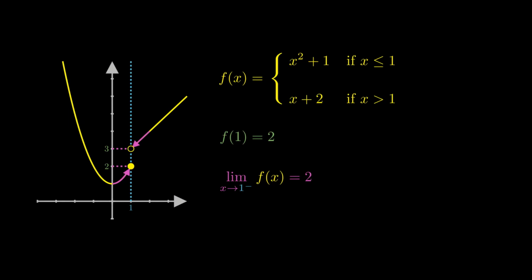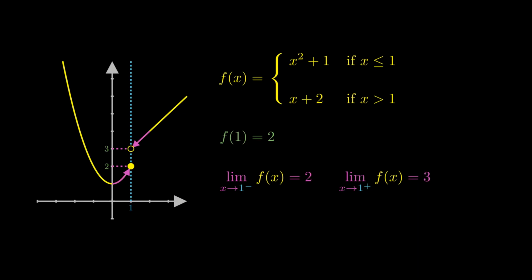We only care what the y value is doing as we slide towards x equals 1. And as we do this from the right across the straight line, clearly the y value is sliding towards 3. And we can write this from the right as the limit as x goes to 1 plus. And so that means as it goes to 1 from the positive direction. And this time we get the y value sliding towards 3, as we said just then.